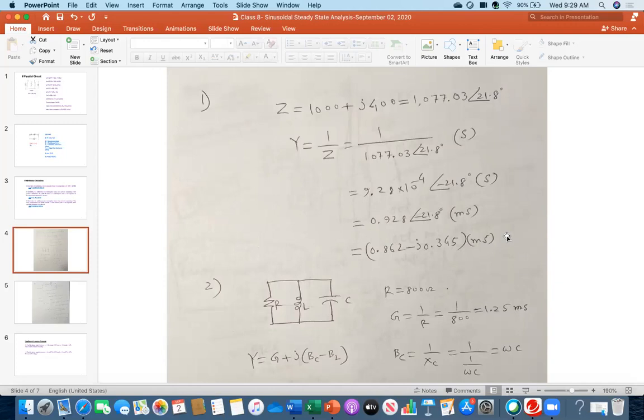As you can understand, AC is somewhat different from DC. In the case of DC, you are not worried about any angle, and there was no imaginary term. But in this case, the inductor and capacitor take you to the imaginary part, like jXL, minus jXC, plus jBC, minus jBL.